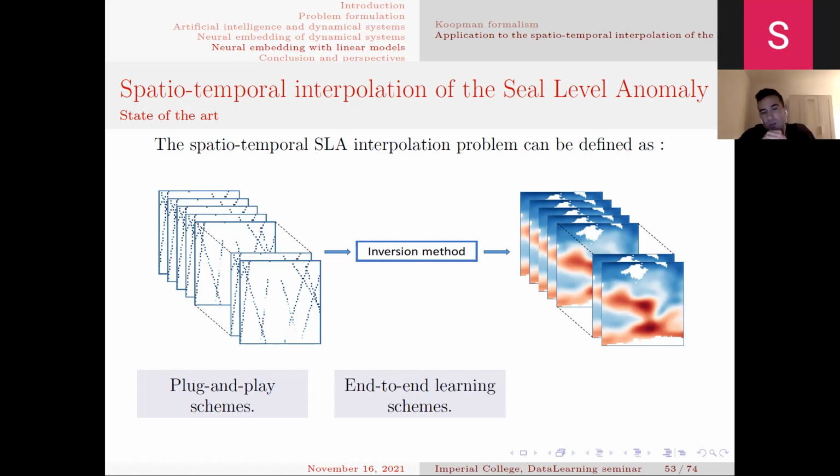This leads us to the second category of methods, end-to-end learning schemes. From a deep learning point of view, this inversion method can be seen as, for example, a deep neural network that takes spatiotemporal irregularly sampled observations of sea level anomaly and maps them into regular spatiotemporal grids.